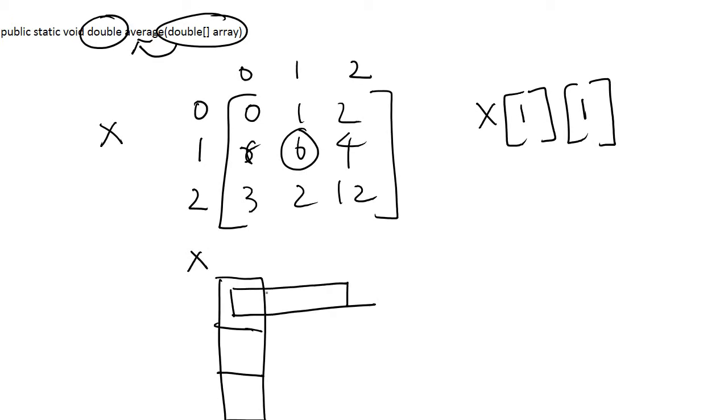And this array has 3 elements to it. So 0, 1, 2. And if we look here again, then it becomes 8, 6, 4, and then here this becomes 3, 2, 12.